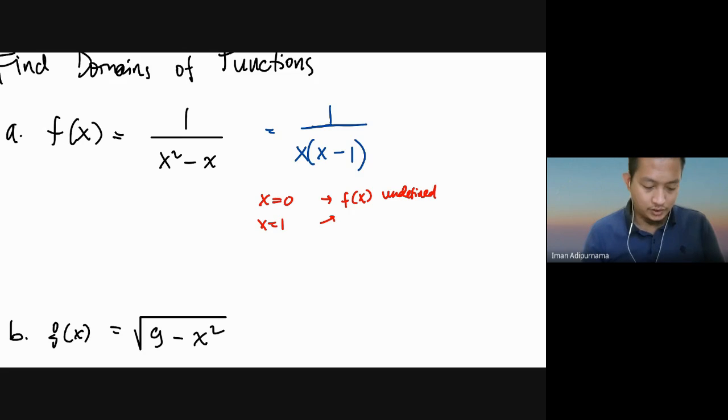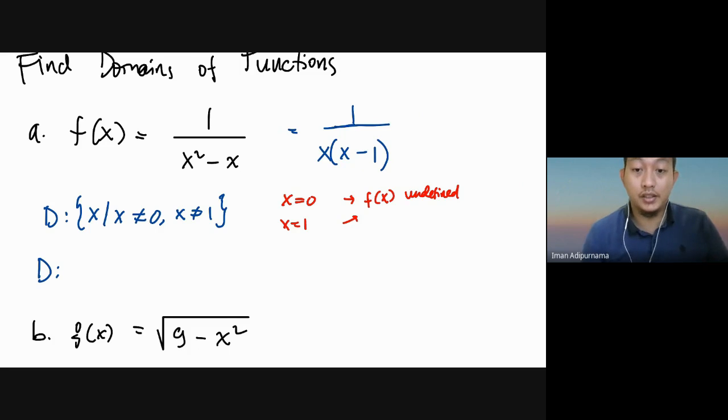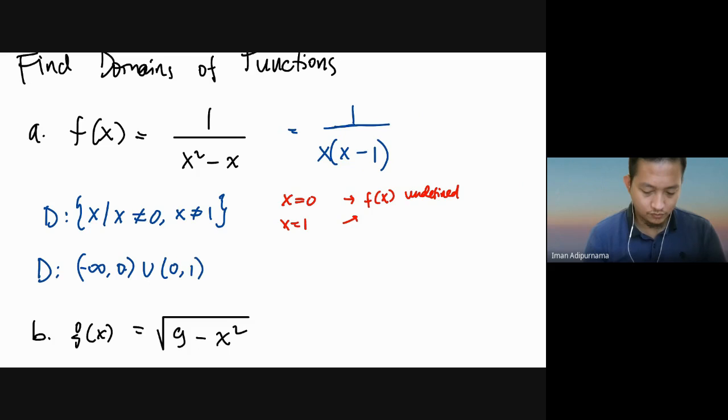So we can write here the domain will be x not equal 0, x not equal 1. Or we can write the domain in interval notation. Yeah, we can also write this.